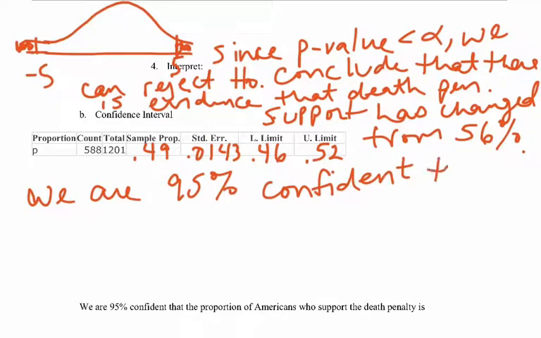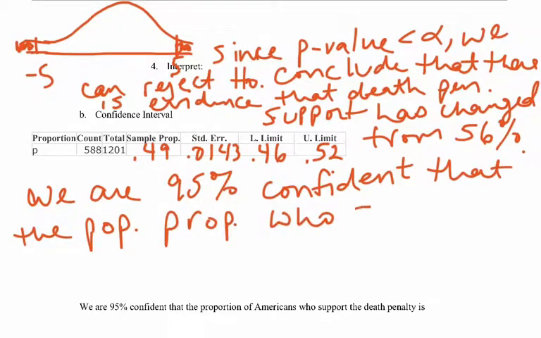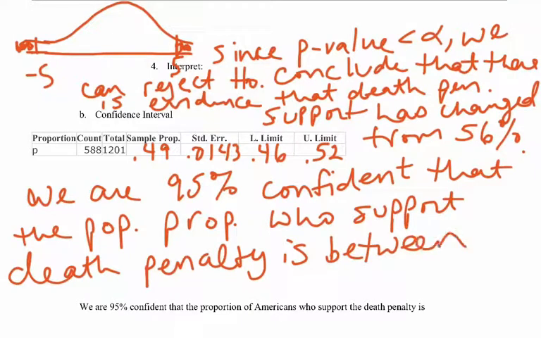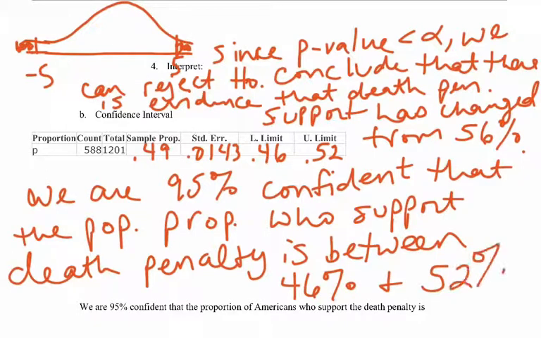So we're 95% confident that the population proportion who support the death penalty is between 46% and 52%. Okay? So we're 95% confident that the proportion who really support the death penalty based on this new data that we have in 2016 is between 46 and 52%.